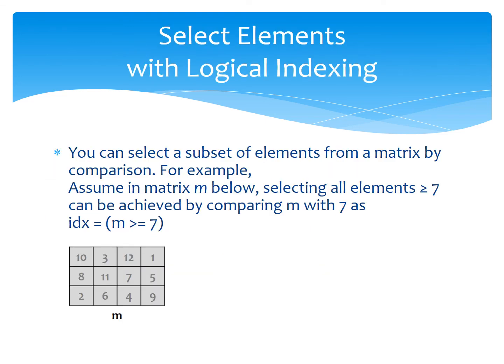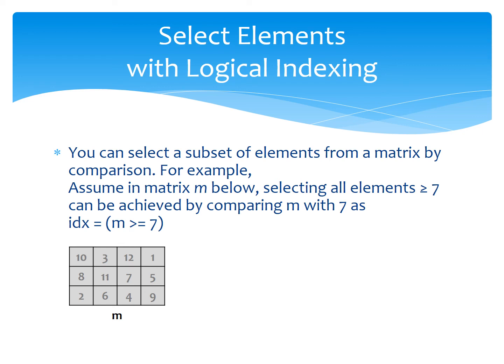In addition to subscripts and linear indexing, MATLAB also provides logical indexing, which allows users to select a subset of elements from a matrix by comparison. For example, assume our goal is to select all elements that are greater than or equal to 7 in the matrix M, as shown on the left. We can evaluate which elements in matrix M are greater than or equal to 7.